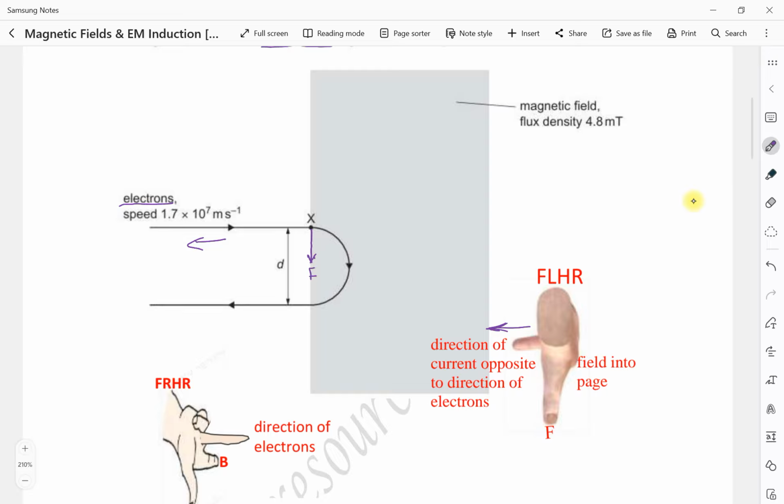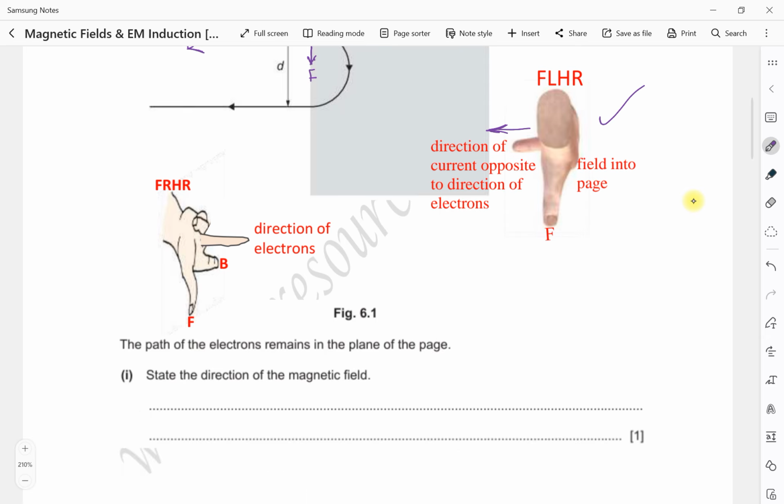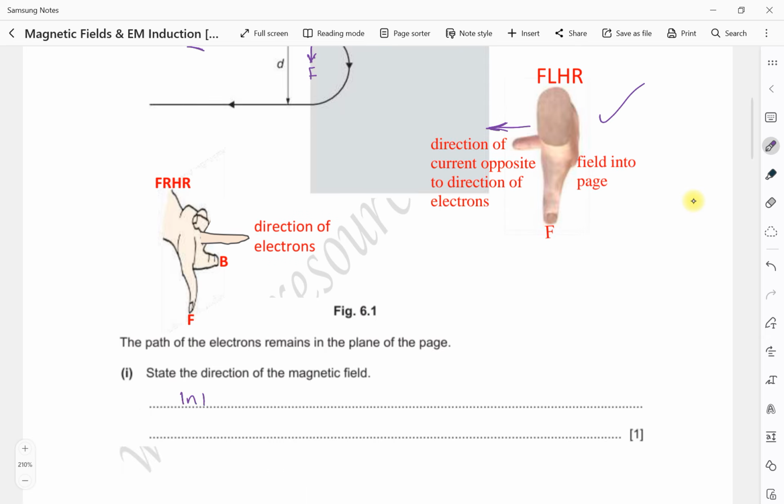The second finger is pointing towards the left. And by Fleming's left-hand rule, notice that the first finger points into the plane of the page, as demonstrated by this finger here. Therefore, the magnetic field is into the plane of the page, or simply into the page.